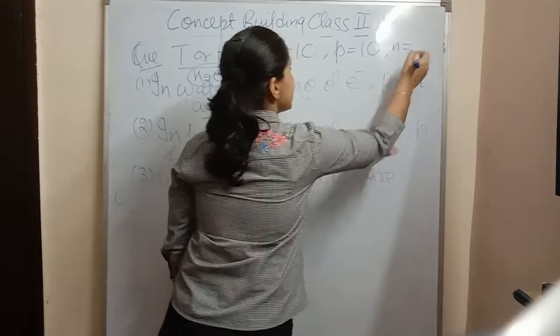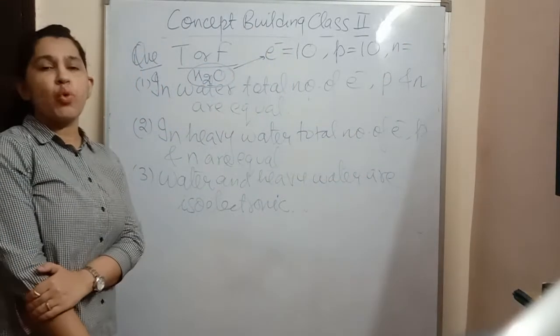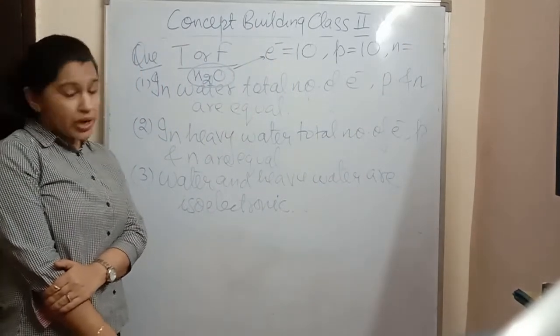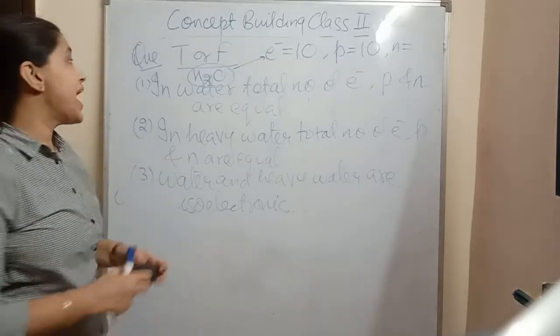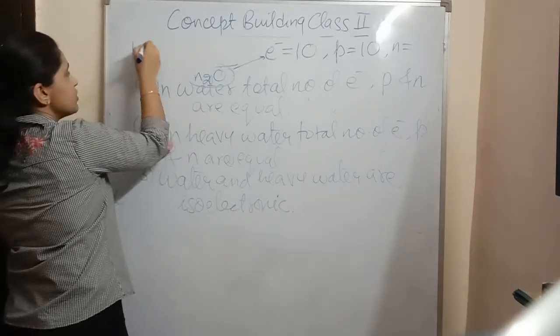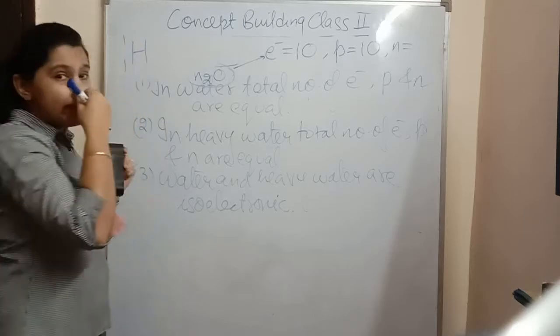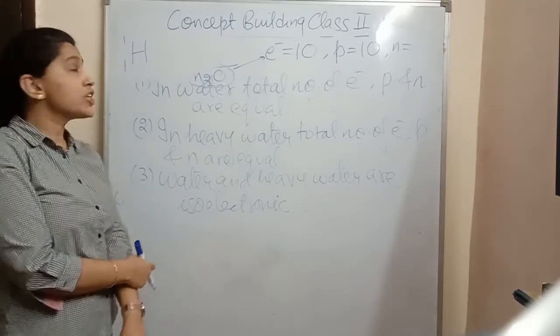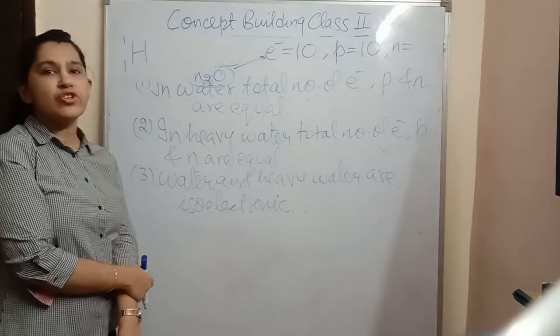Now I am asking you, how many neutrons are in water? As you know, what is the symbol of hydrogen? It is H11. So as the symbol of hydrogen is H11, there is no neutron in hydrogen.